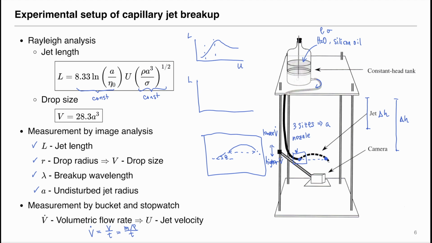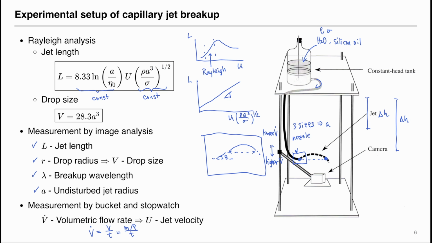We're only varying u, so we can plot on the x-axis u multiplied by rho a cubed over sigma to the power of one half, so that we are expecting a linear graph. And this linear graph would correspond to the Rayleigh region in the above figure.